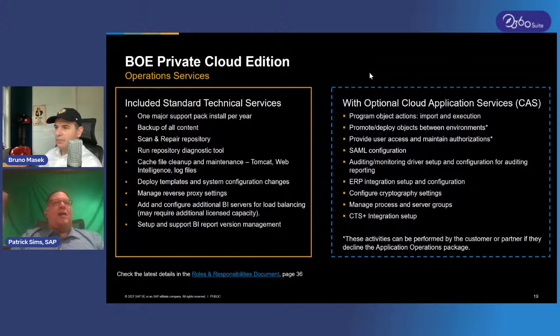So auditing is something you can certainly run from CMC, et cetera. But if you want to turn it on, because we know so many of you, we love you, but you haven't turned it on, right? There are optional services that let us do that, so it gets turned on, and then you can access the audit dashboard from within CMC. You're good to go. And then you can see, I'm not going to read them all, but you can see all the different other configurations that we have available as optional cloud application services that we can do for you.